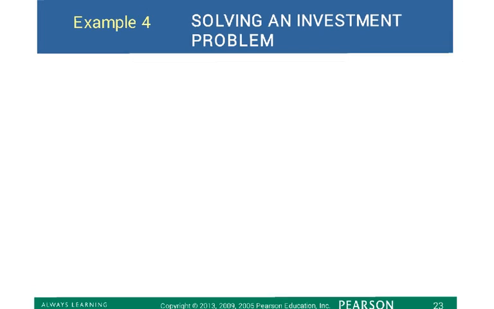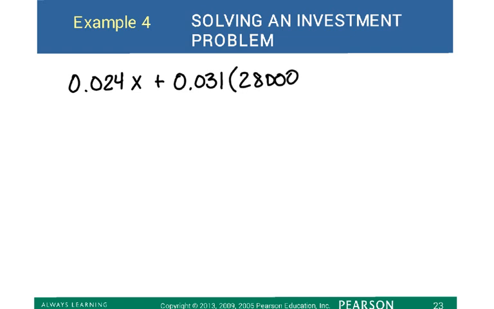So let's move on. So here is our equation. We're adding together this investment amount plus the next one. And that is equal to our 784.